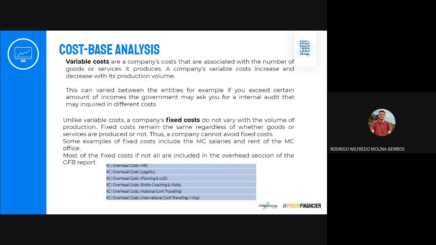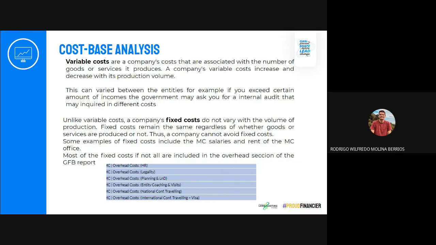Then you have the variable costs, which are the company's costs that are associated with the number of goods and services it produces. A company's variable costs increase and decrease with its production volume, which means that if you make more volume of a certain product, you will have more costs that come with that volume.